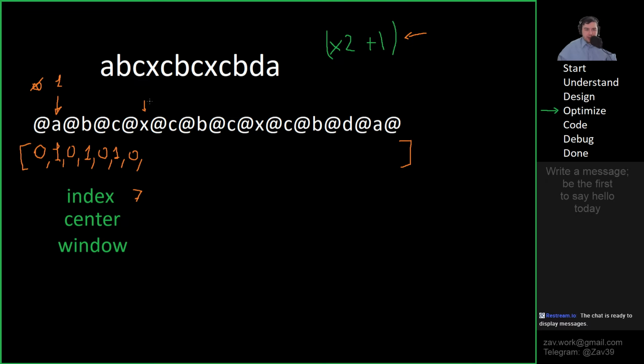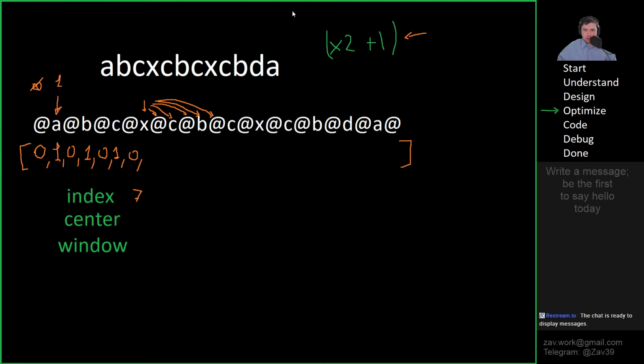And we start to find our palindrome. We see that this symbol is the same, this symbol is the same, this symbol is the same, and again B is the same. And also the symbol after B is the same.